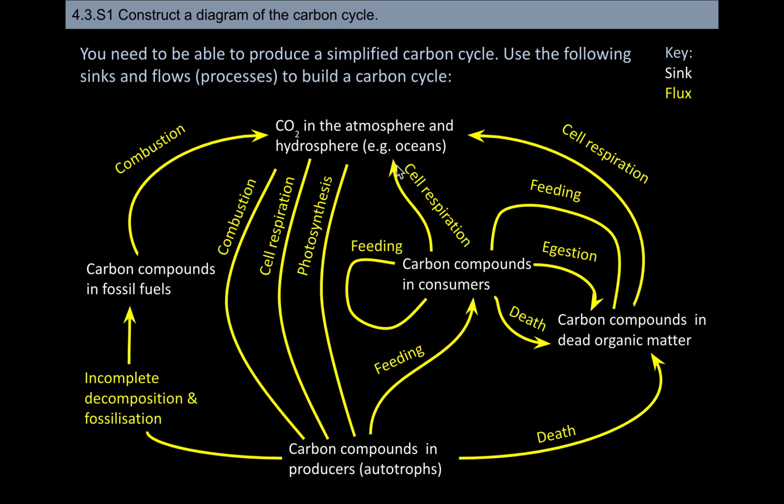And we're also doing cellular respiration, so we're releasing CO2 to the atmosphere. Plants are doing photosynthesis, so they're taking CO2 from the atmosphere. This would be good to have an arrow going this way, but they also do cellular respiration, so they're adding it to the atmosphere. When we burn plants, like deforestation, we're doing combustion, so we're releasing it to the atmosphere.